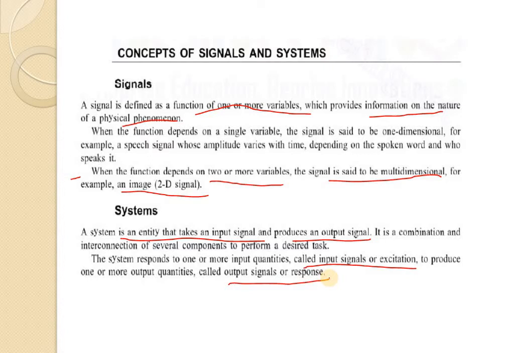Like that way, signal and system are basically working. That means signal and systems are linked with each other. Without signals, there is no meaning of system. A system is invalid without the presence of signal.